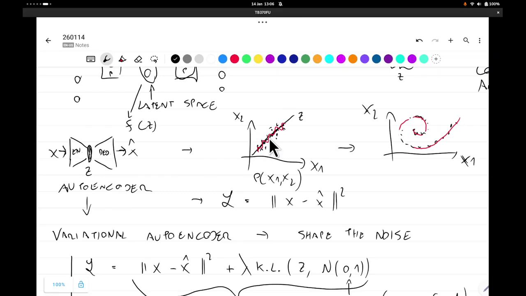So all the possible images in the universe live on a very narrow manifold that you can represent with whatever n by m pixel representation.